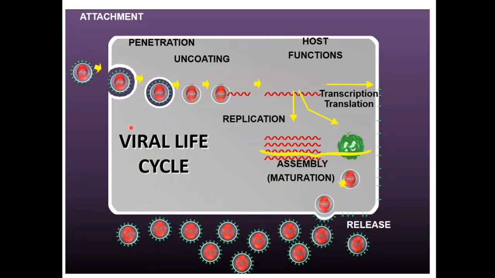If this virus is enveloped, as it is the case of this one, we have this envelope, we have the capsid, but we also have this envelope. Some of the component of the envelope will come outside the cell. As you can see here there are glycoproteins which will be part of the virus envelope.